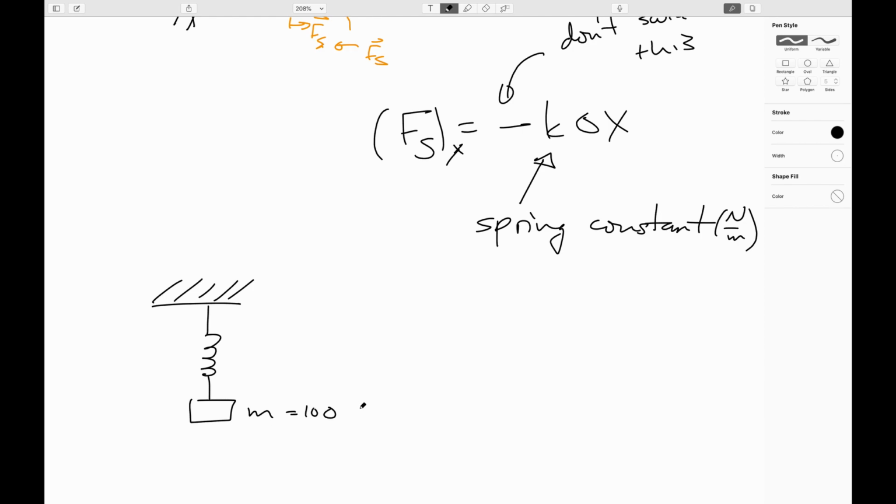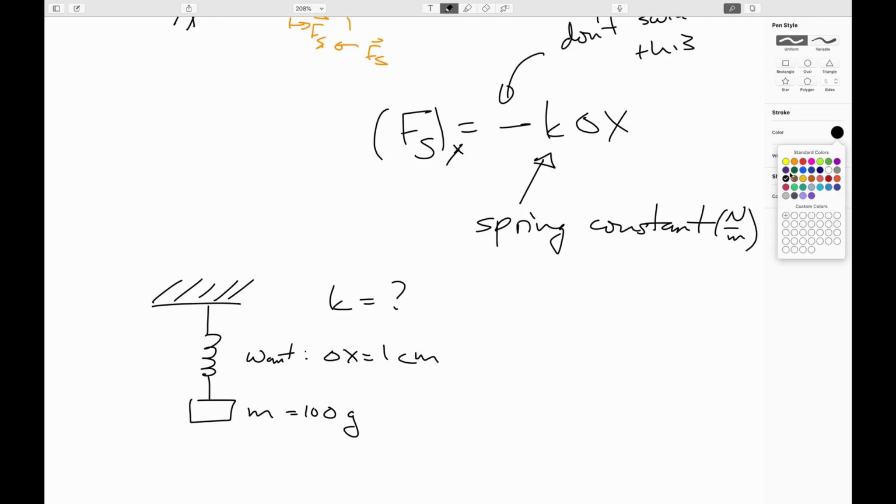So let's say I put on 100 grams, not kilograms, here. What we want in that case is for delta x to equal 1 centimeter. So we need to figure out what would be the appropriate spring constant to make that happen.